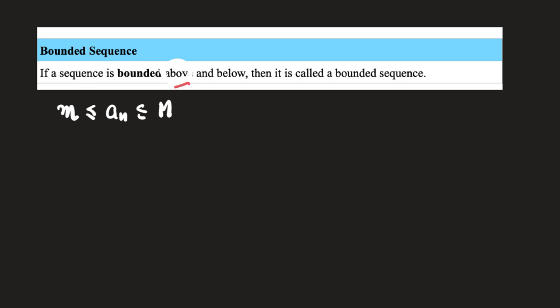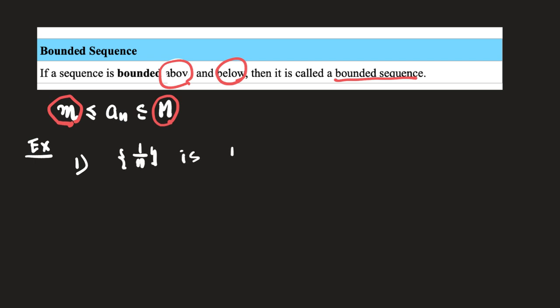When you can find some number m as a lower bound and an upper bound, then the sequence is a bounded sequence, okay? So I'm going to give one example here, guys. First one is 1 over n is bounded.